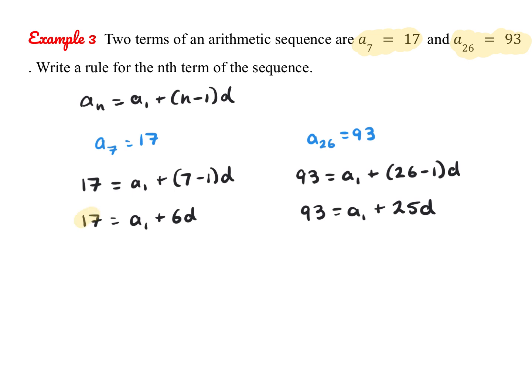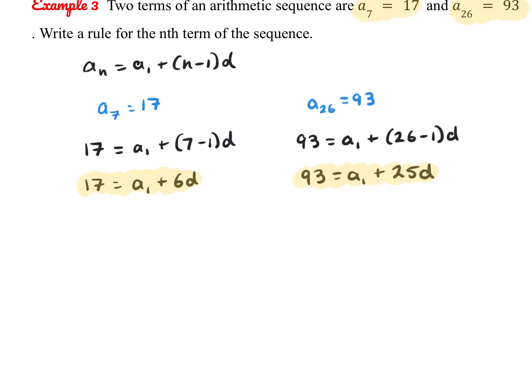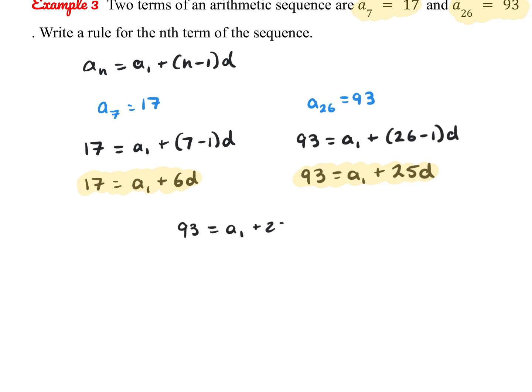So now I have a system of 2 equations, which I can solve using either the elimination method or the substitution method. I'm going to do elimination. So I'm going to rewrite this equation right here. And I'm going to multiply both sides of this equation by -1 to create opposite coefficients here.